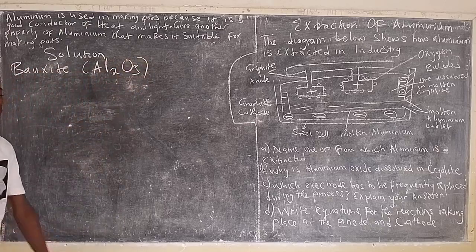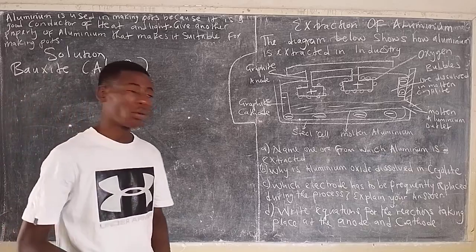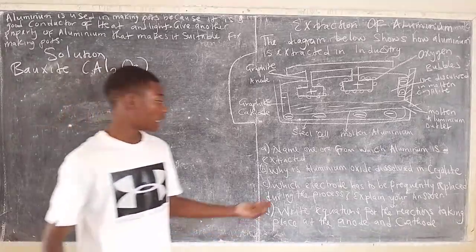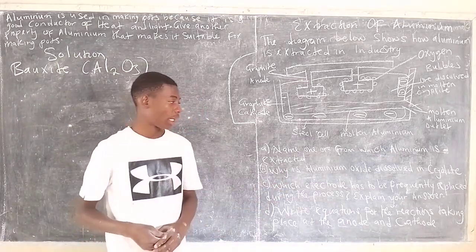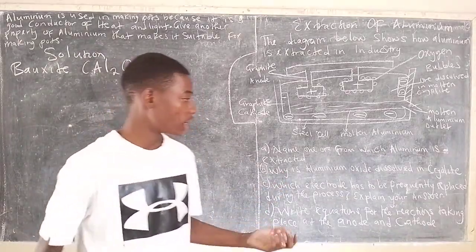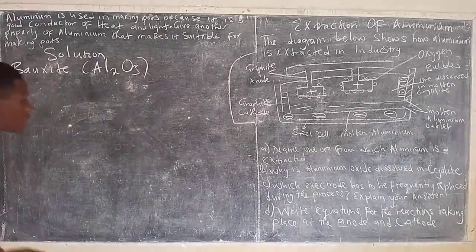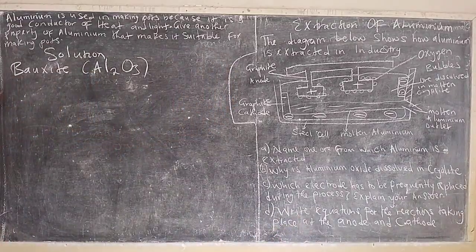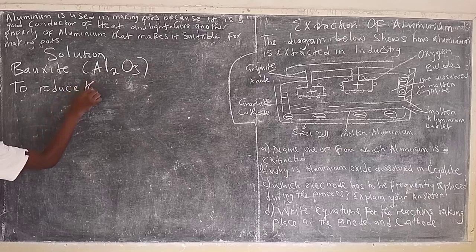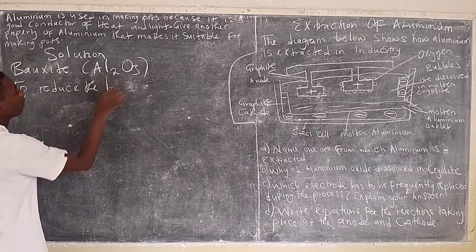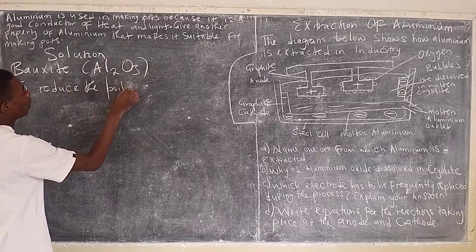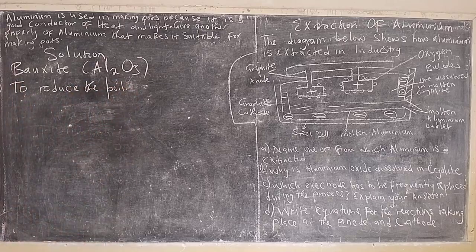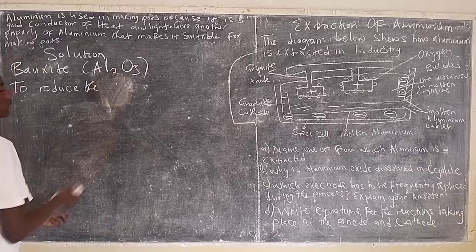Looking at the second one, which is B, it says: why is aluminium oxide dissolved in cryolite? It is dissolved to reduce the boiling point. Sorry, not to reduce the boiling point, but to reduce the melting point.